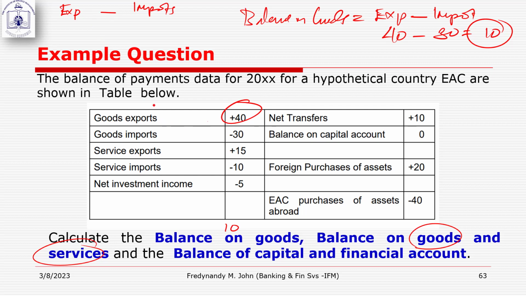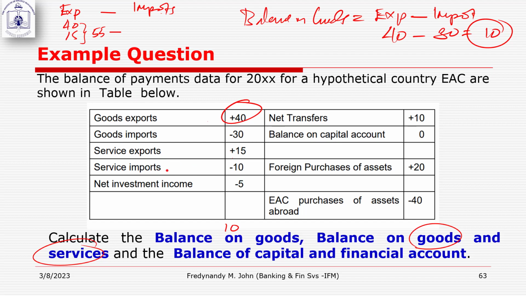Export of goods is 40, export of services 15. This is going to give you 55, minus imports.